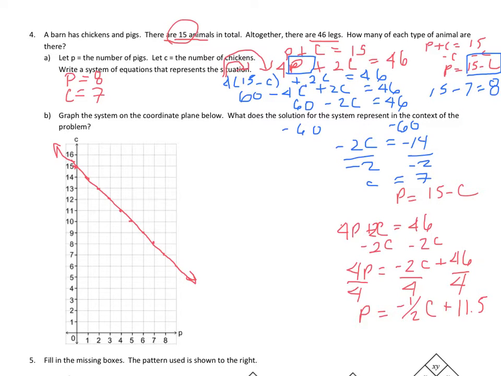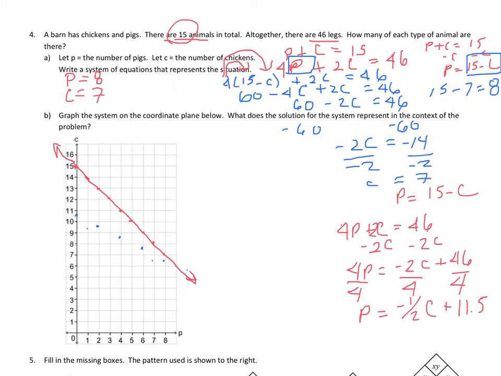So if I find 11.5 on my y-axis, I'm about right there. And I'm going down 1 over 2, down 1 over 2, and so on. So something like this. Oh, I messed up.